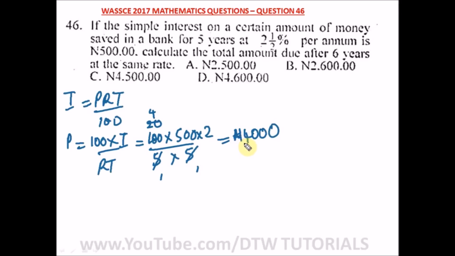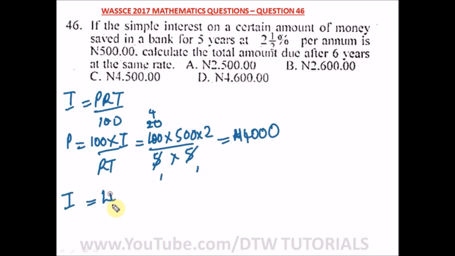All right, since our principal is 4,000, let's now find the interest after 6 years at the same rate. So to find the interest after 6 years, I is what?